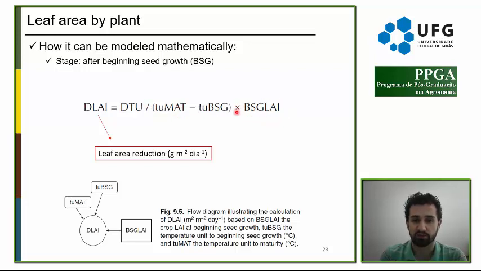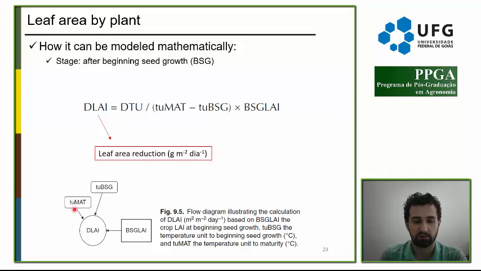So here we have the leaf area index at the beginning of the seed growth that defines how much the reduction of the leaf area index will be by day.